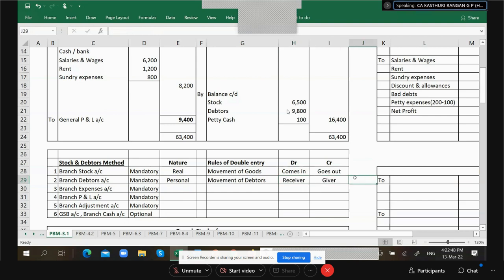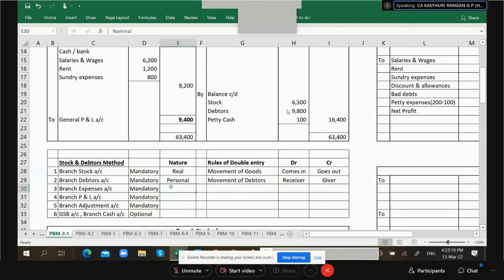If you remember this, accounting becomes very easy under the stock and debtors method. You need not remember the journal entries. Any transaction between branch and customer, or branch and HO, can be recorded by you directly in the ledger account if you understand this. No need to remember any journal entry. Okay?